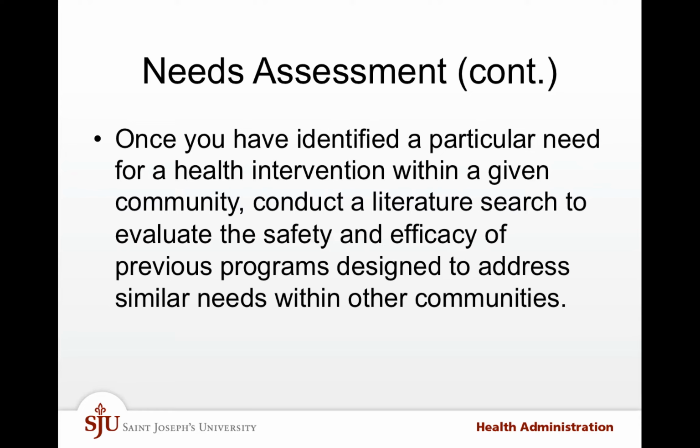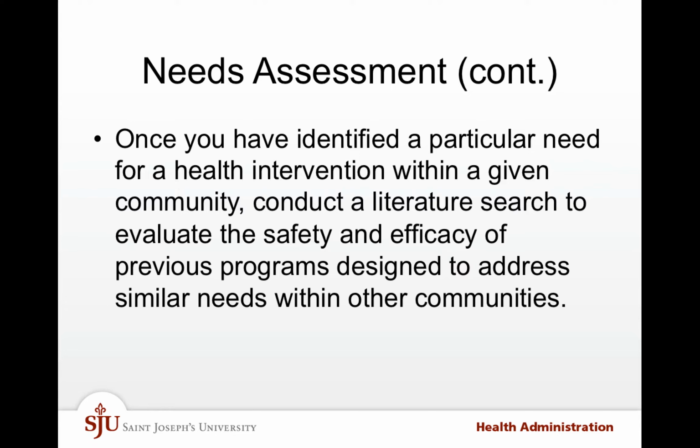Again, once you have identified a need, then try to do a literature search and try to find a public health program that is based in evidence that can meet the needs within your community.